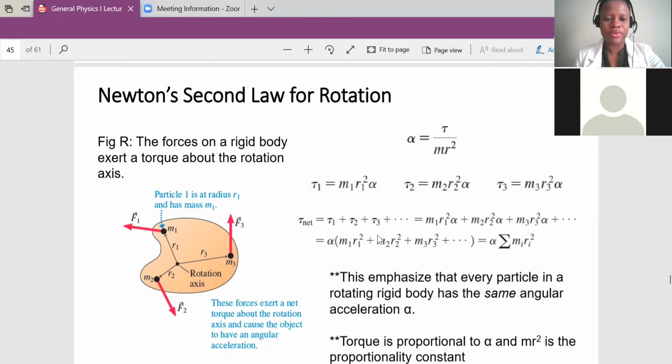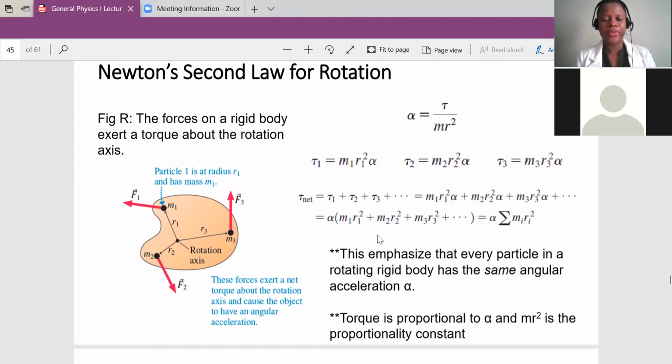We'll have another figure, which we have labeled figure R here, showing that the force on the rigid body exerts a tug about the rotational axis, and we've identified the rotational axis to be this point. We'll have three masses or three particles, M1, M2, and M3, to represent the three different particles.